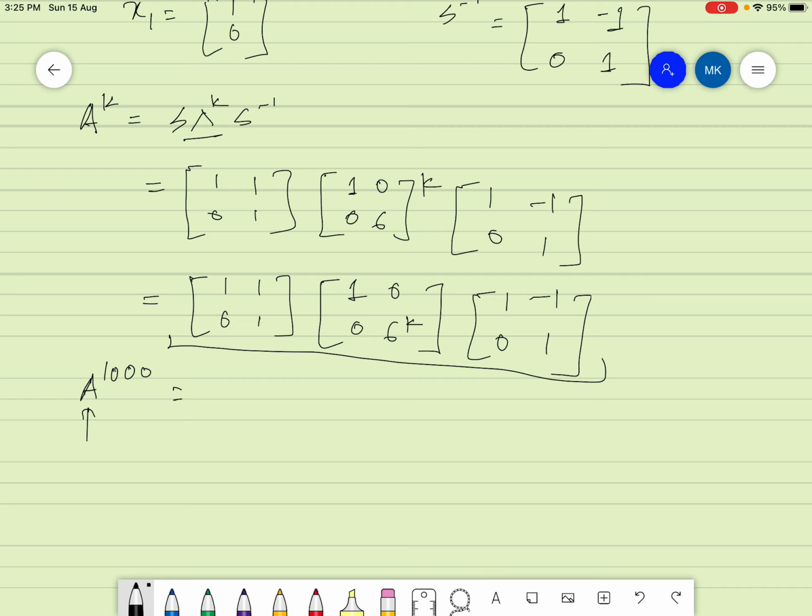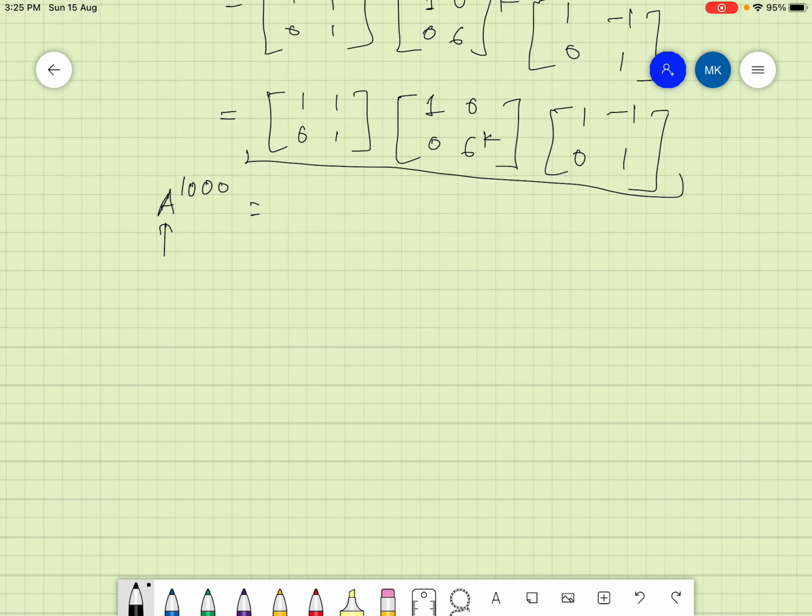So after diagonalization, the computation has become really easy. And in many realistic, real life problems, you can apply this concept of diagonalization and can easily solve these problems.